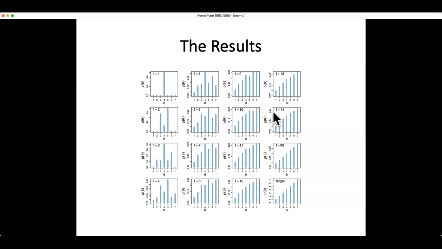So you can see when T is 12, 13, it already gives you a very good indication that it is proportional to the relative population of each island, but it's still not so smooth yet. If T is 99, you can see it is an almost exact match to the target.